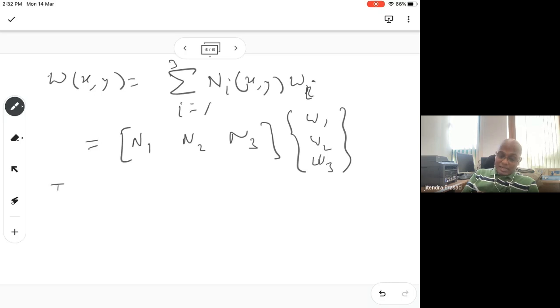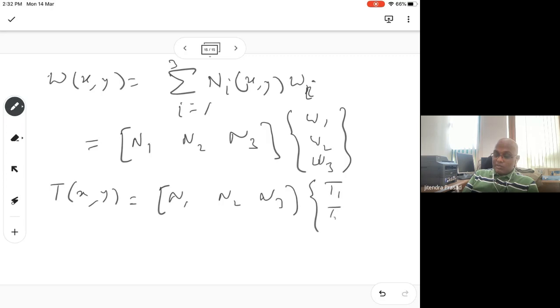Similarly, you write T(x,y) also as N1 N2 N3, which are functions of x and y, times T1 T2 T3. You can write like that.